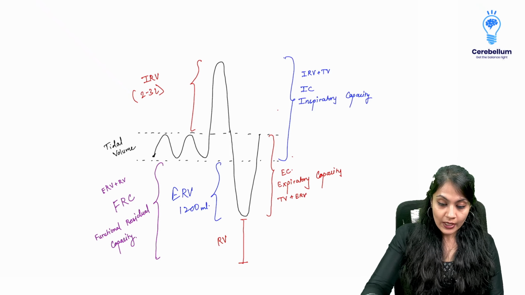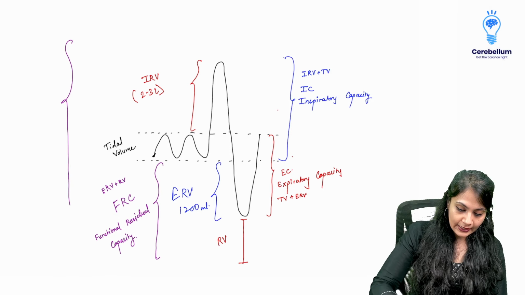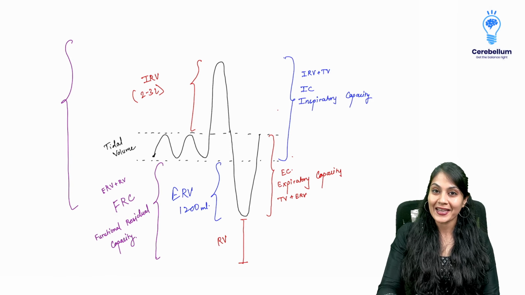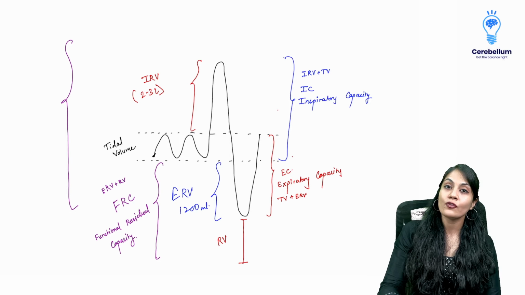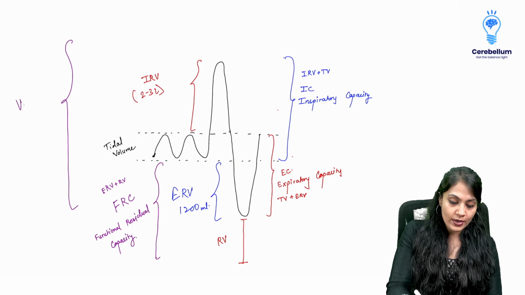All right. Now, if I add IRV, TV and ERV, the volume which can come out totally after the forceful inspiration followed by forceful expiration will be called vital capacity.